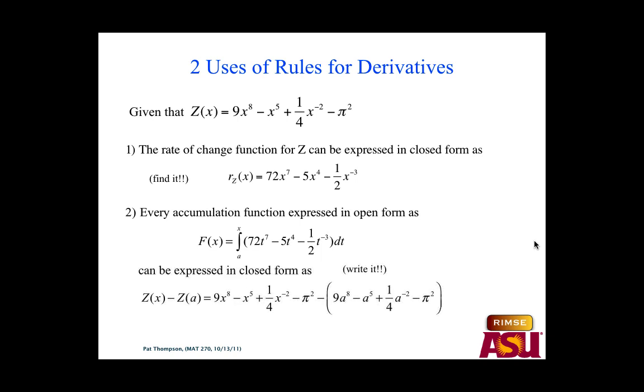In fact, what it expresses is z of x minus z of a, right? Because this accumulation, due to that rate between a and x, isn't just a general formula for anything you want. It's an accumulation starting at a and going onward.